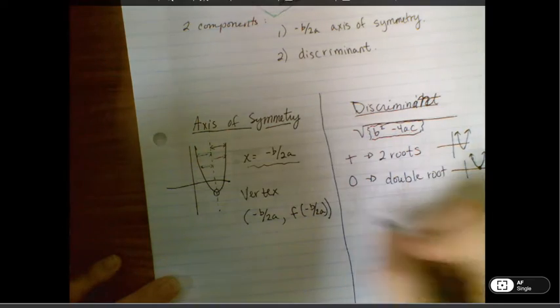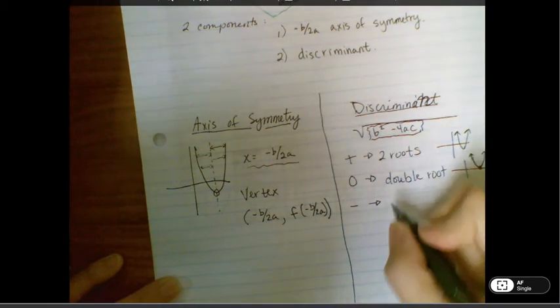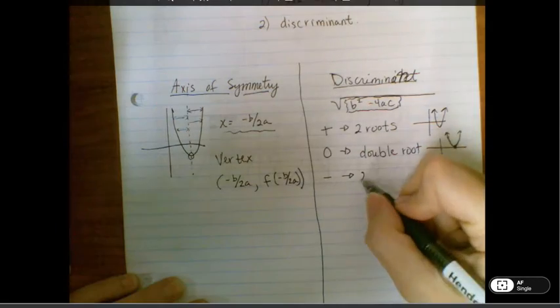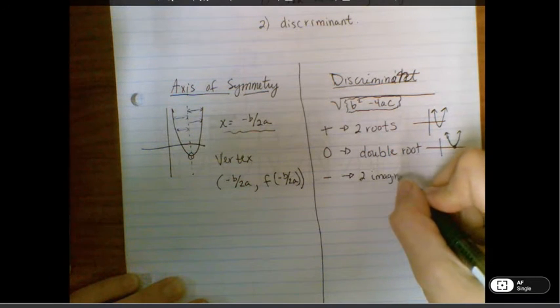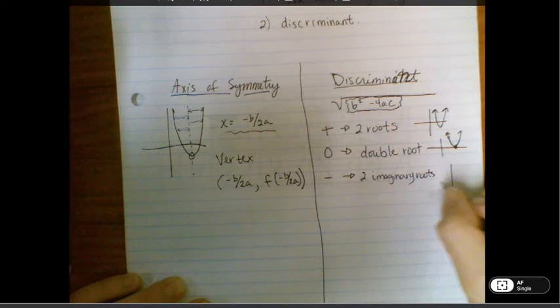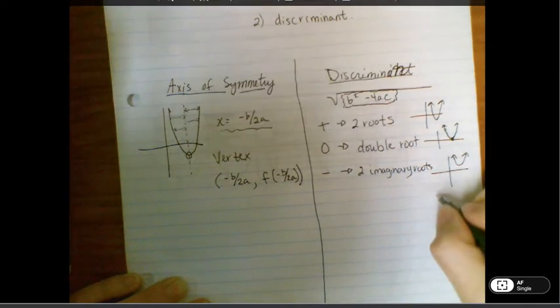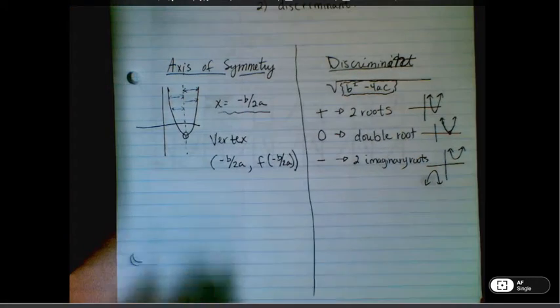And then if it's negative, which we've talked about in the past, we're looking at two roots, but they're both imaginary. So two imaginary roots. So you must have either a positive quadratic that's floating above the x-axis or a negative quadratic that's floating below the x-axis.